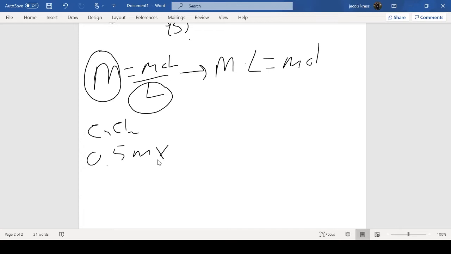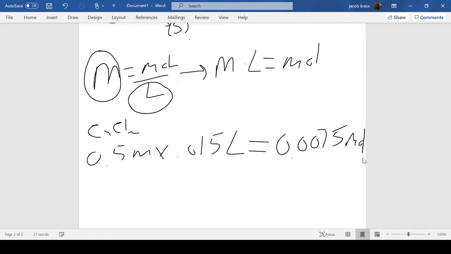So this will be 0.015 liters. And if we calculate that out, we are going to get 0.0075 moles.